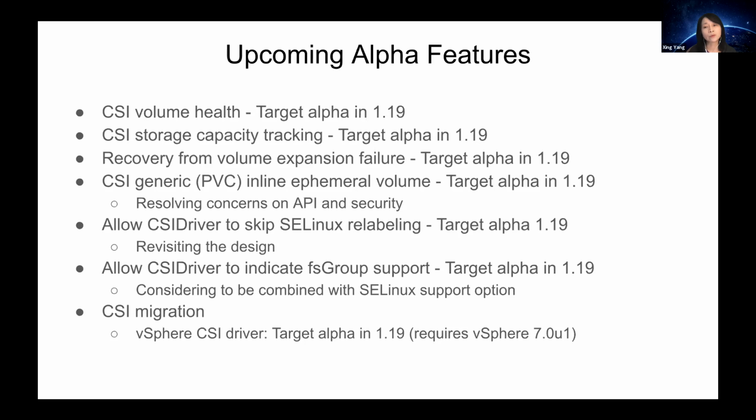It is a core API object, and it will collect the capacity information based on what the driver has reported from the get capacity method. And the scheduler will look at the available capacity reported when doing placement of the volumes.